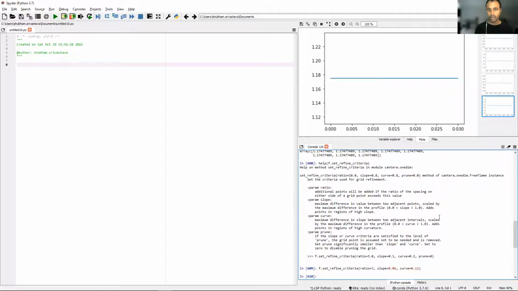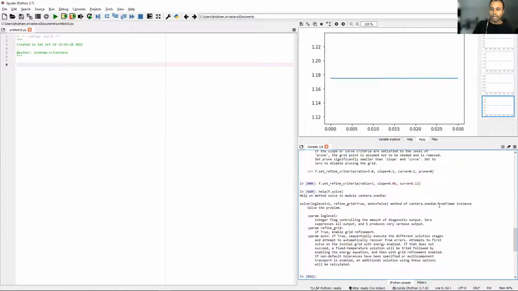The next command is solve. Let's look at the help for solve. Here again, you have certain inputs that you can provide: log level, refine grid, and auto. With log level, you can define the amount of information that Cantera gives you while the simulation is going on. A log level of 0 means complete silence.